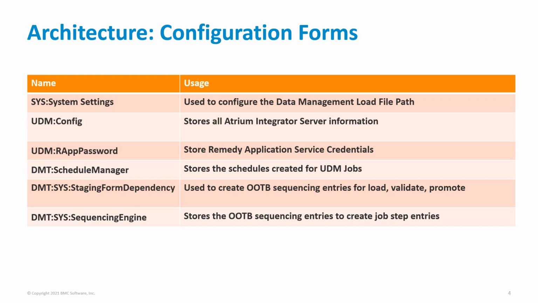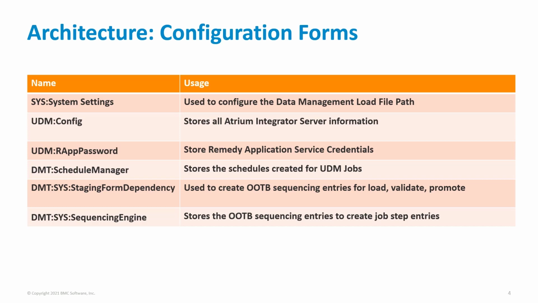Now let's look at the two forms together. DMT:Sys:Staging form dependency and DMT:Sys:Sequencing engine. This is because of the way they interact with each other. DMT:Sys:Staging form dependency form is used to create the out-of-the-box sequencing entries for all the job steps.